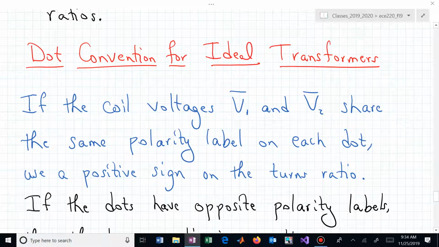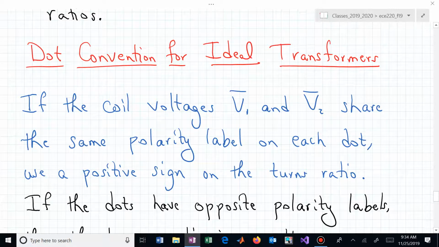We just say V2 over V1 is equal to N2 over N1 without a reversing of signs.